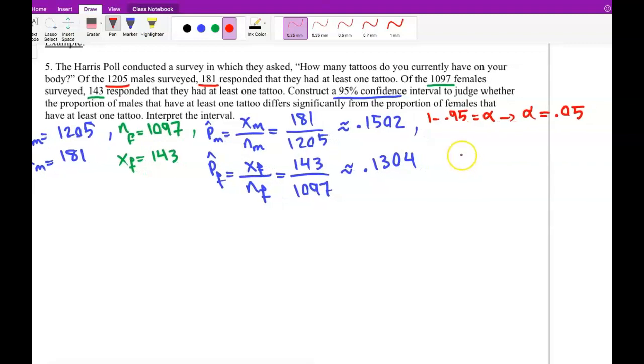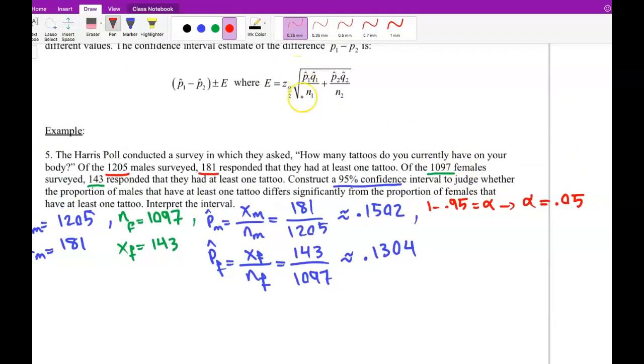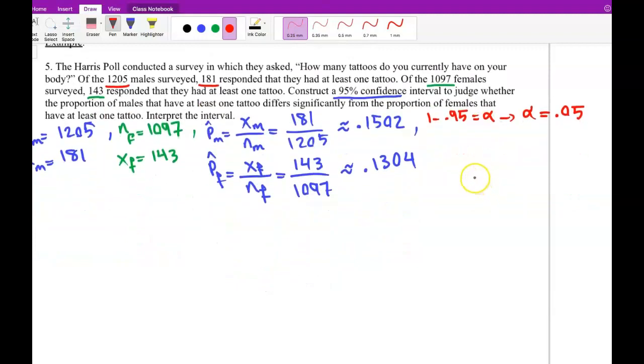Then, since we are going to use the critical value, finding Z alpha divided by 2. 5% divided by 2, so that is 0.025.